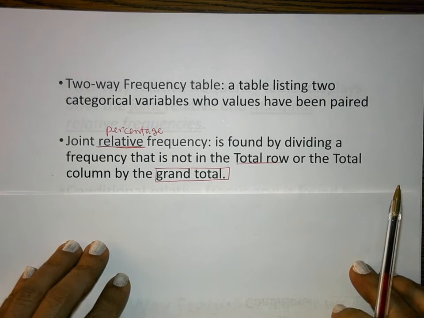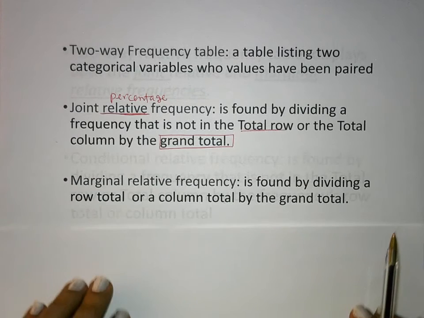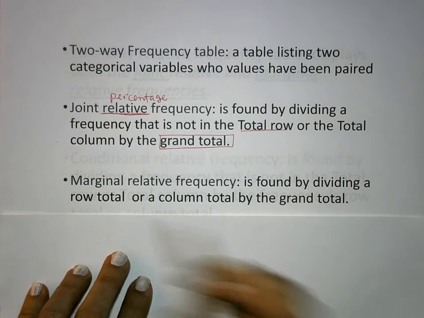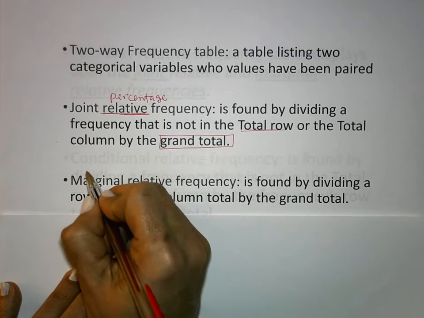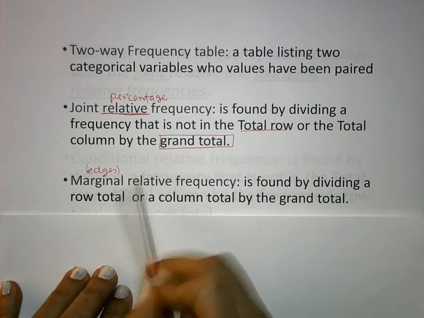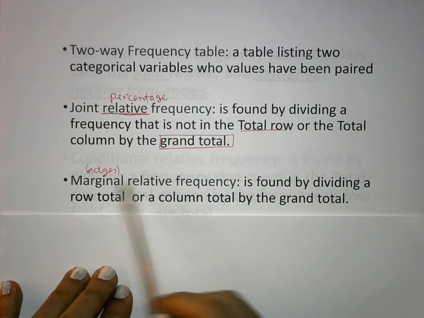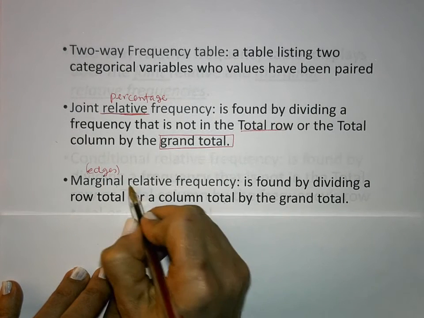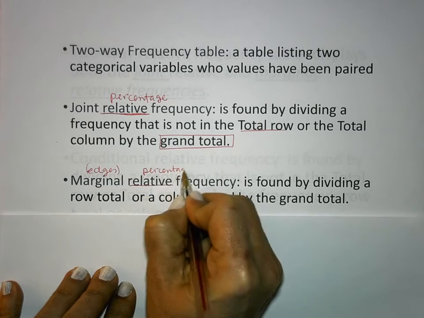Okay? Now the next thing is a marginal relative frequency. Think of margins. Think of the edges. The margins of a paper are on the edges. So marginal percentage, because every time you see the word relative, you're thinking of percentage.